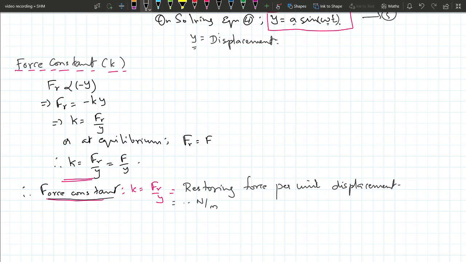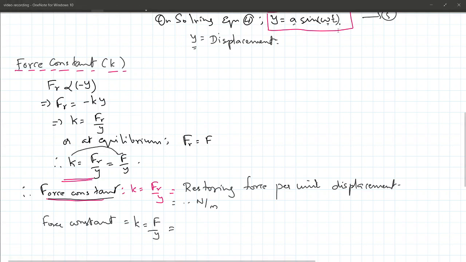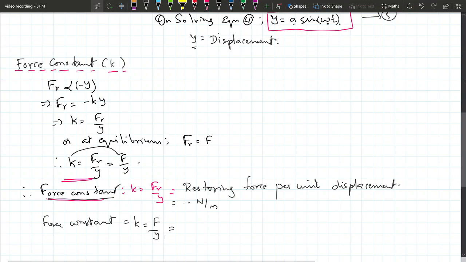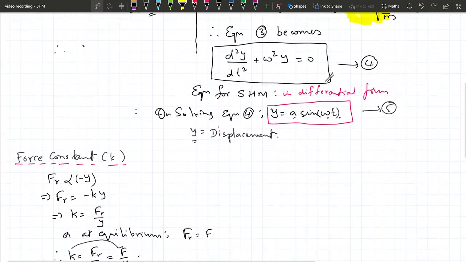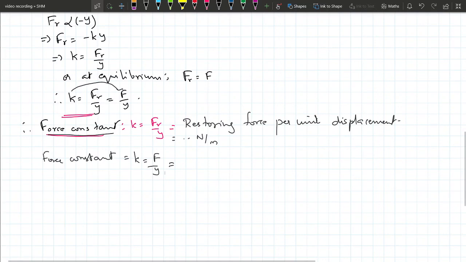Or you can go for the second case. Fr is equal to K by y. So the force constant K is equal to F divided by y. What is F? If you go by the discussion just now, F is the applied force.